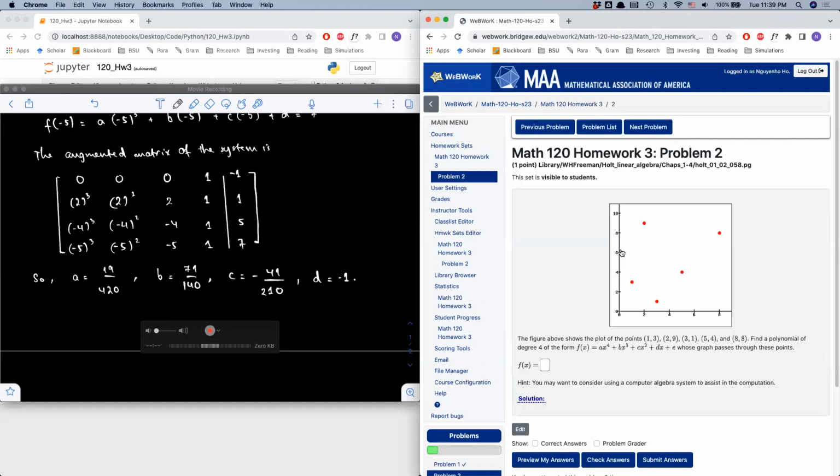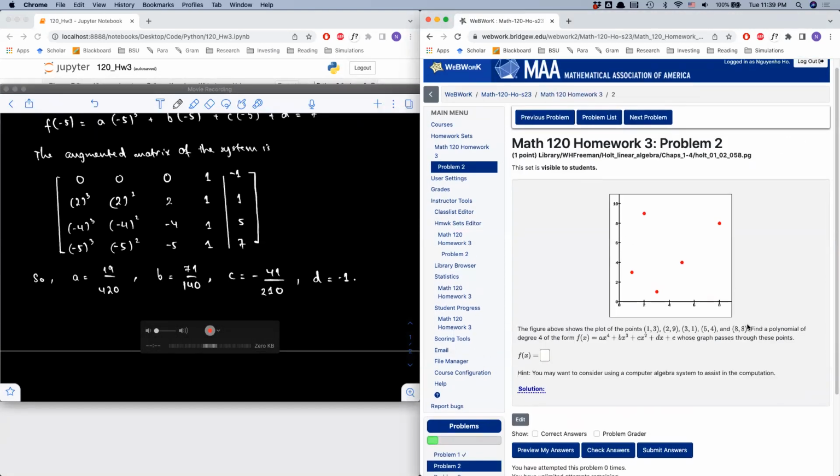So problem 2. All right, so the setup is going to be the same, right? Now instead of a polynomial function of degree 3, you have a polynomial function of degree 4 because you have 1, 2, 3, 4, 5 points, right?